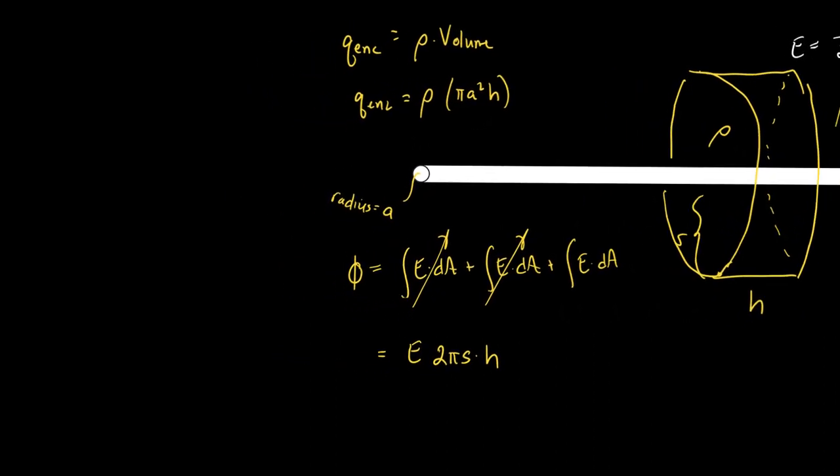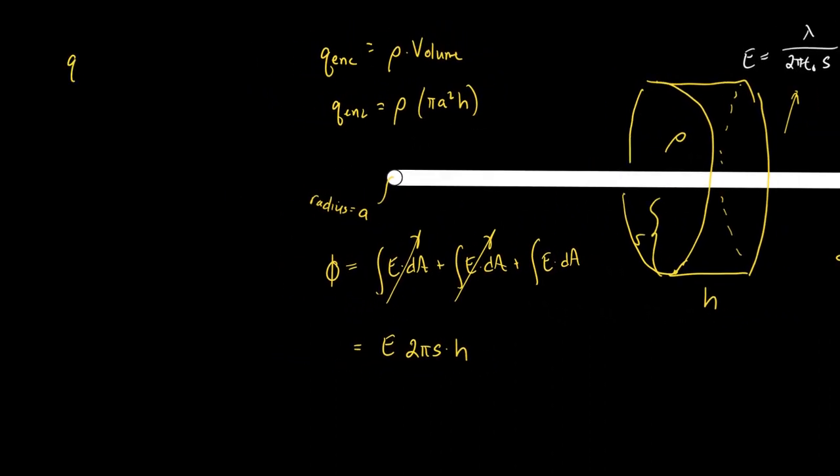Okay, so for all of you struggle buses out there, Q enclosed equaled epsilon naught times the flux. So the H's cancel out. All right, I have rho pi a squared h equals epsilon naught E 2 pi s h. The h wouldn't have mattered. We expected that.